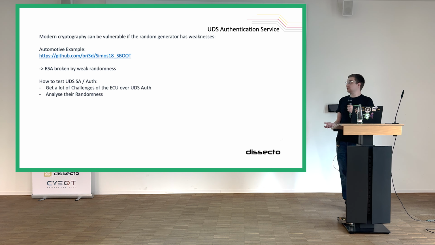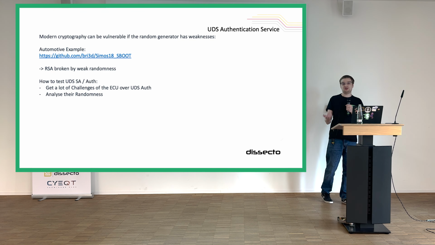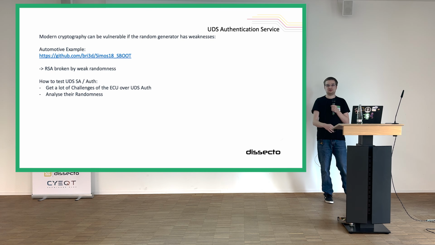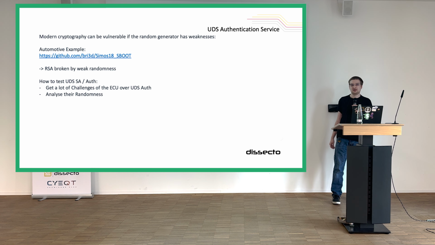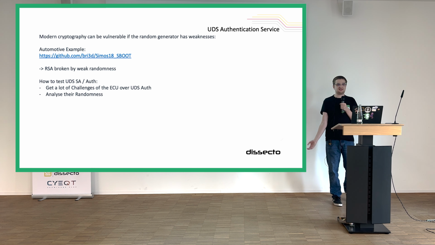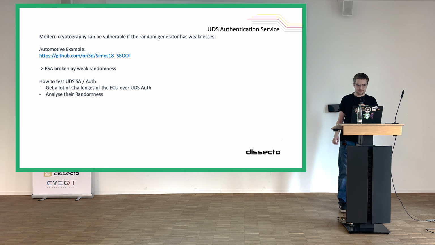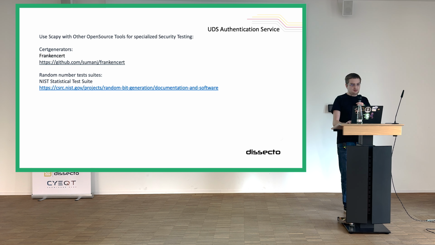One thing you need to do here is analyze the randomness. We use the NIST statistical suite for that, so we just use Scapy to collect lots and lots of seeds from the ECU, and then we give it to the NIST statistical suite to tell us how random these numbers are.